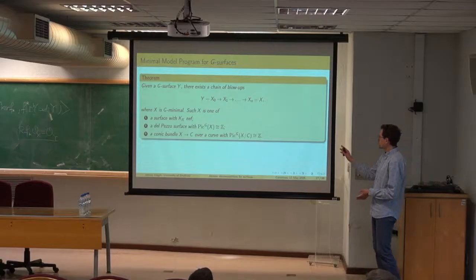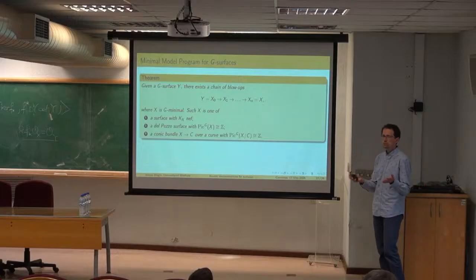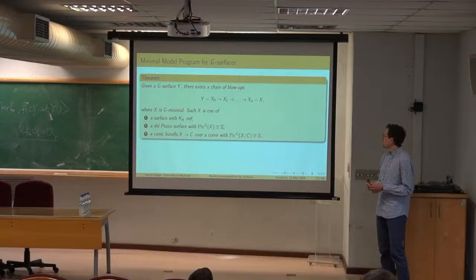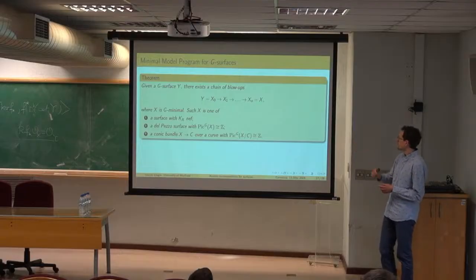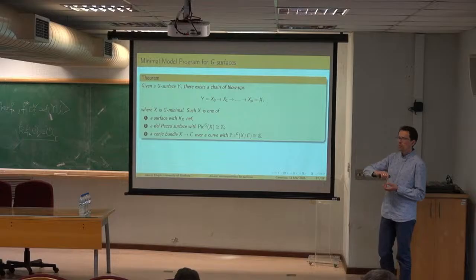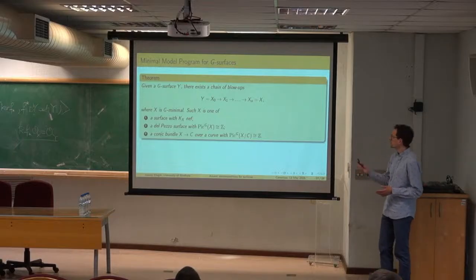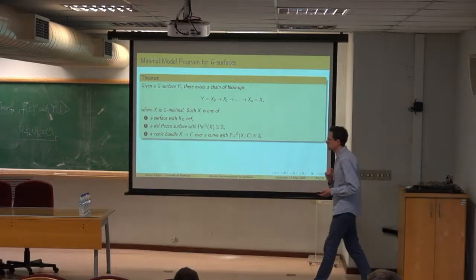If we have no group action, then the only possible output in case 2 is just P^2, the projective plane. And in type 3 we have ruled surfaces over some curves, so these are P^1 bundles where all conics, all P^1s, are irreducible. In general, when we have a group, conic bundles may have reducible fibers.